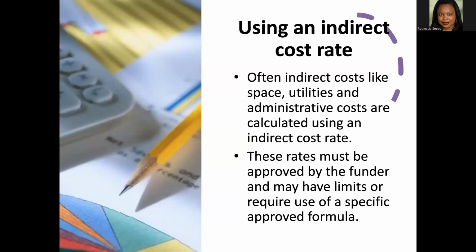Now, using an indirect cost rate, often an indirect cost will include a bunch of costs that can't be individually costed out in your grant proposal. So examples at the county, we had an indirect rate because there were certain things that were a cost to the county. We had to hire personnel.